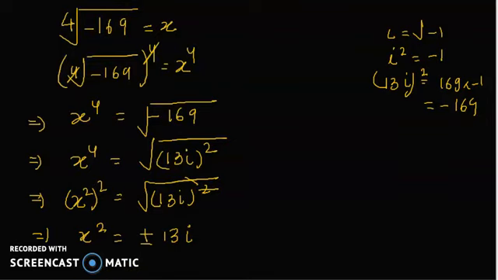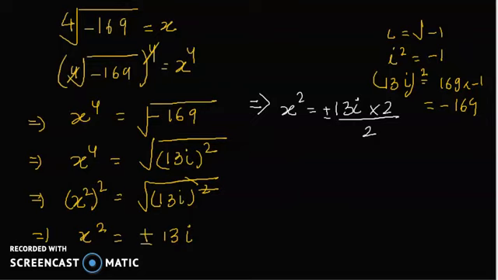Now in the next step we can write x square is equal to plus minus 13i times 2 by 2. 2 cancels, again you get the same number, so it is correct.